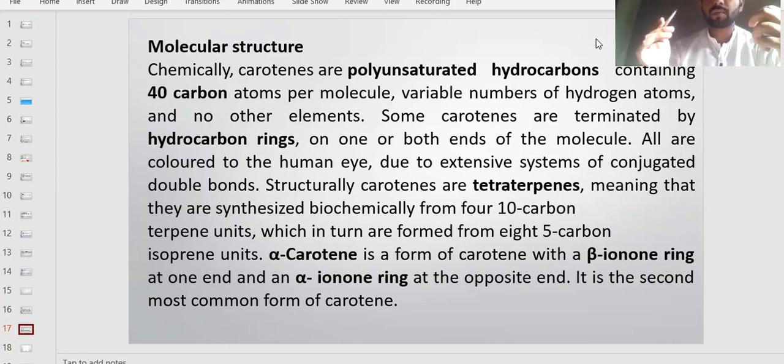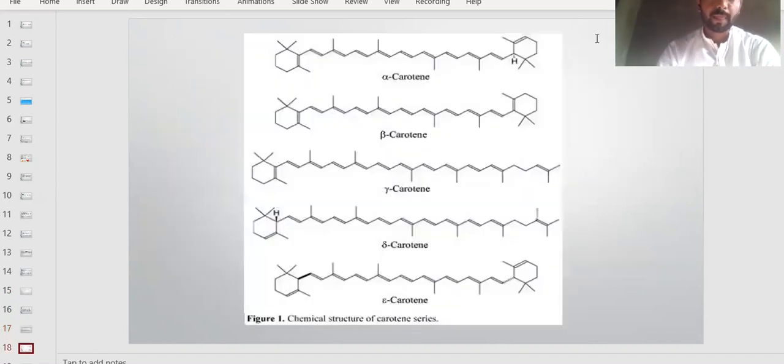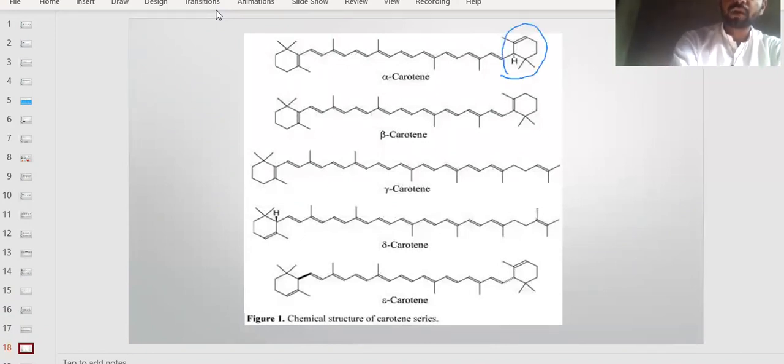Alpha carotene is a form of carotene with a beta ionone ring at one end and an alpha ionone ring at the opposite end. It is the second most abundant form of carotene, and these are the structures of alpha carotene and beta carotene. The only difference is that the double bond in this ring is at the second position, while the double bond in this ring is at the first position.